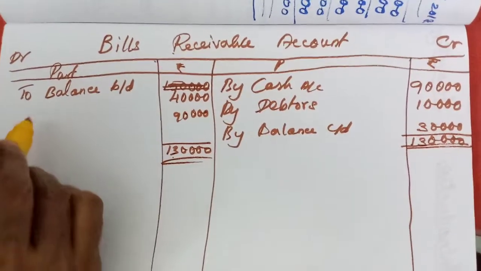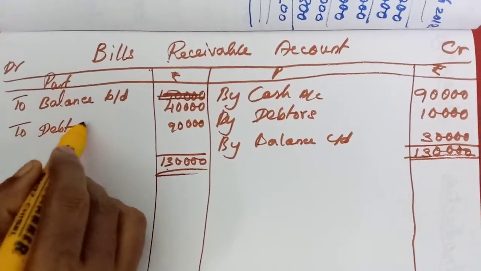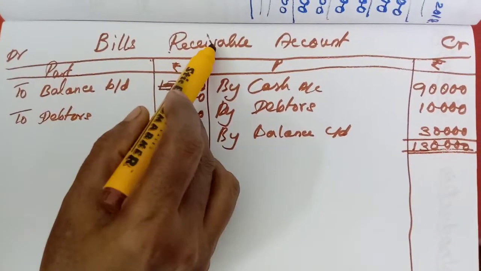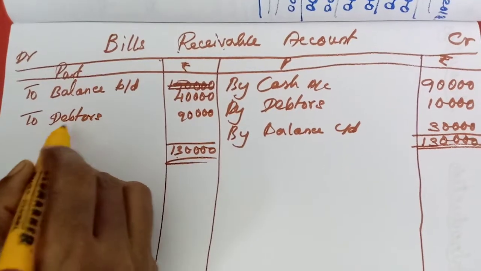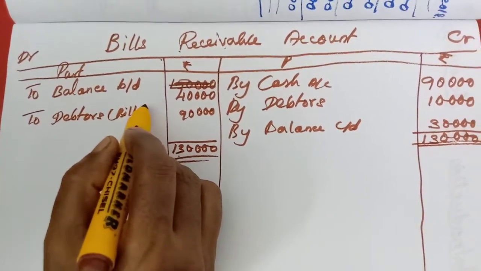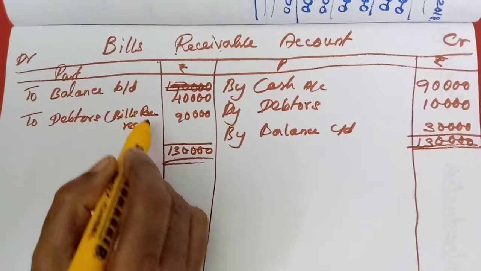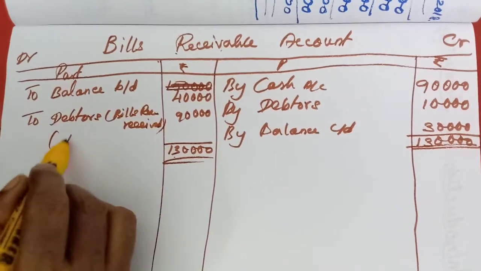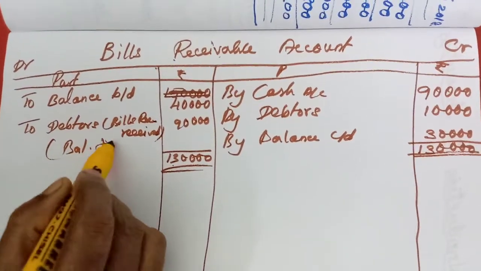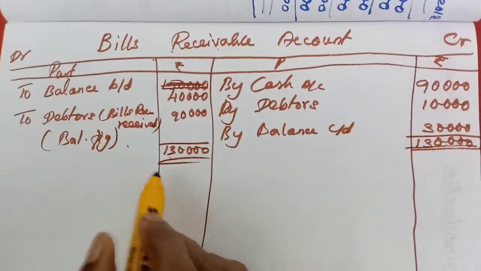So you have to write to debtors account. What is the entry? Bills receivable from debtors: bills receivable account debtor to debtors. Here bills received, bills receivable received, balancing figure 90,000. Next account, total debtors account.